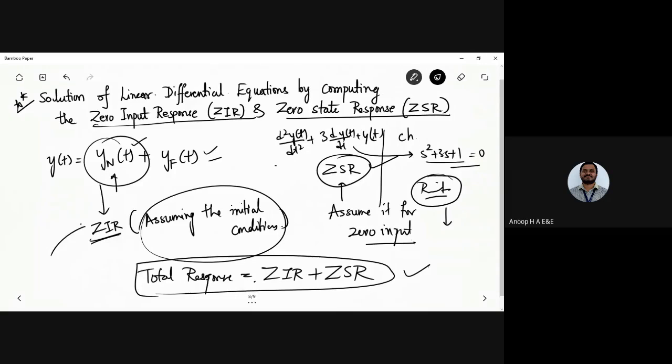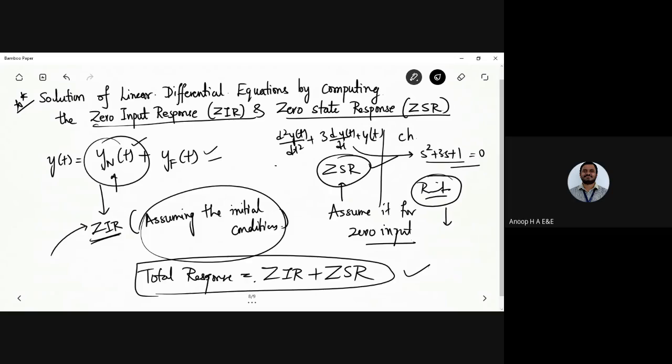That's the major difference between the natural response and the zero input response. So ZIR will consider the initial conditions of the given differential equation, while yn of t will not consider the initial conditions specified.